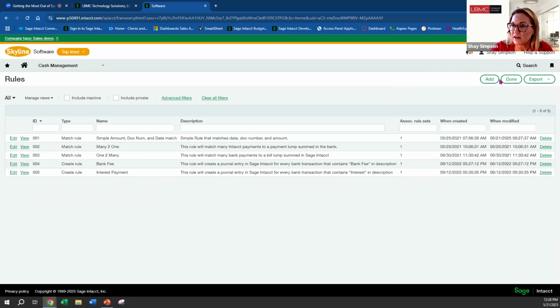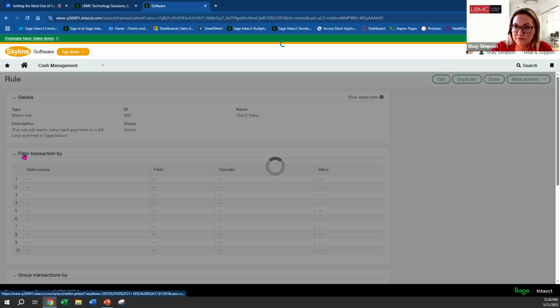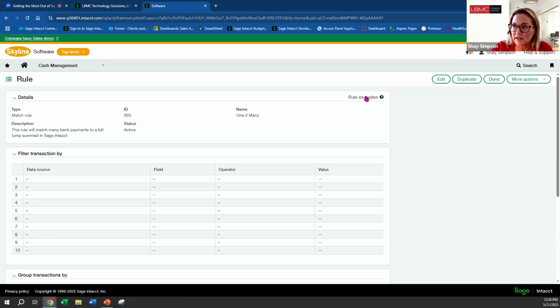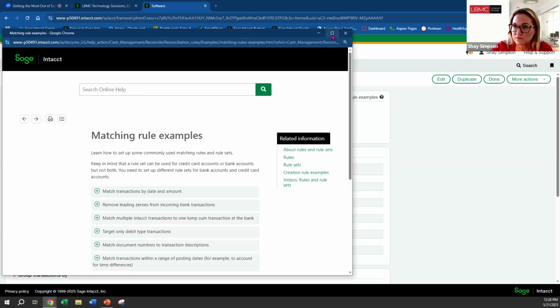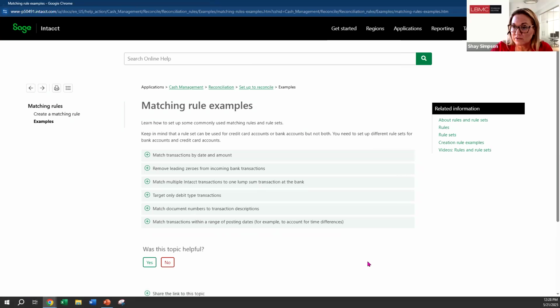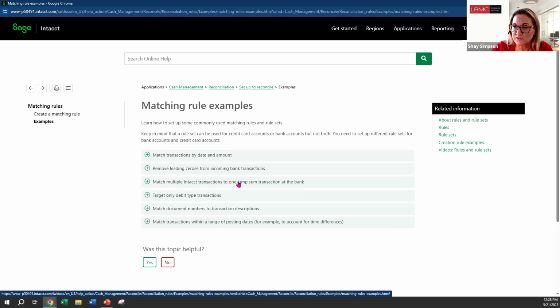Now, another thing to note, let me go back in here, is right here, we have rule examples. You can also get to this from the help on this page as well. But right here, I can go into matching rule examples, and I love these examples. So right here, this one matches multiple Intacct transactions to one lump sum in the bank.